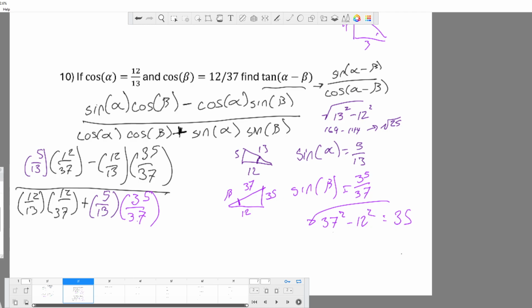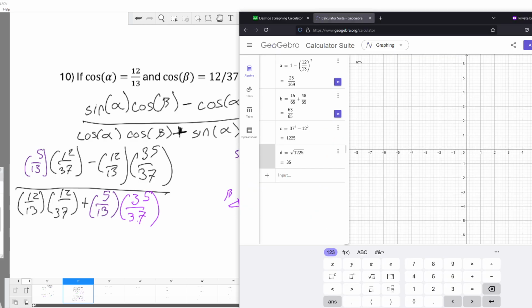Now, I'm not too keen on doing that particularly by hand, so we're going to type it in and see what we get. And hope that GeoGebra keeps this in fraction form, because I don't have a TI-Nspire handy here.